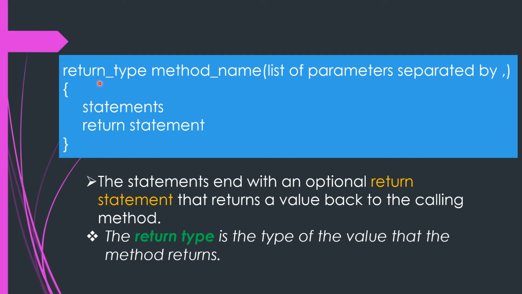Basically, this return type that is written at the first and this return statement, these two terms are related to each other, because this return type is the type of the value which will be returned by the method. And what value will be returned by the method? This return statement will return that value.